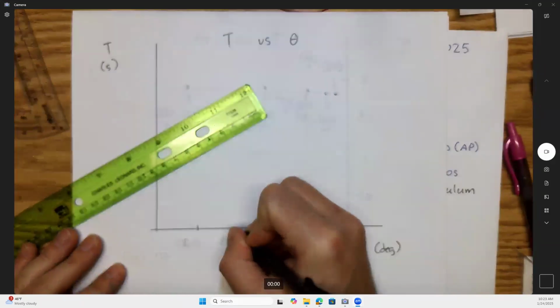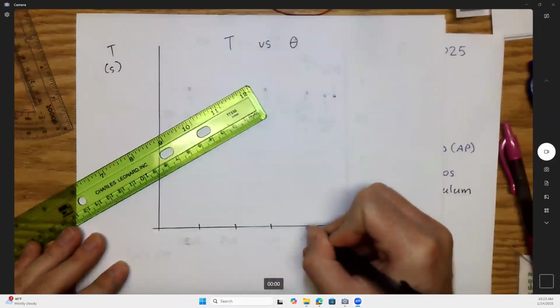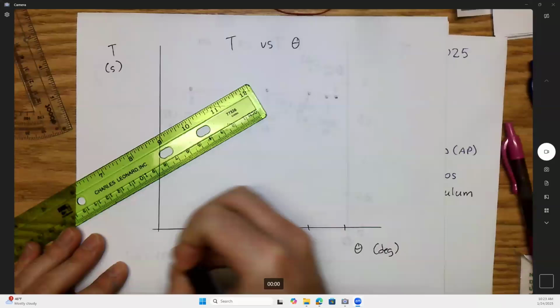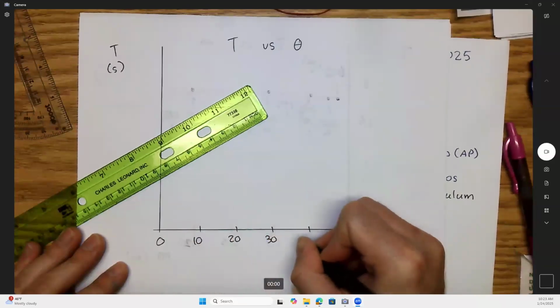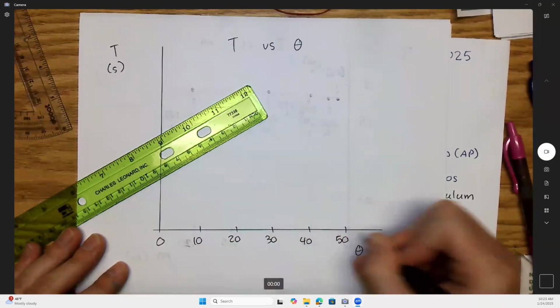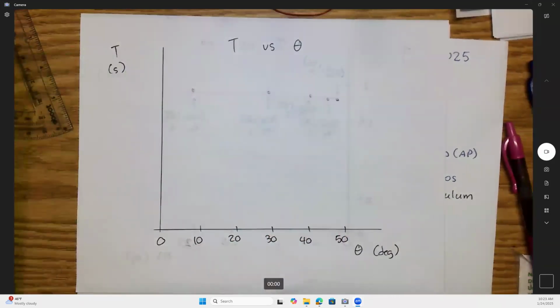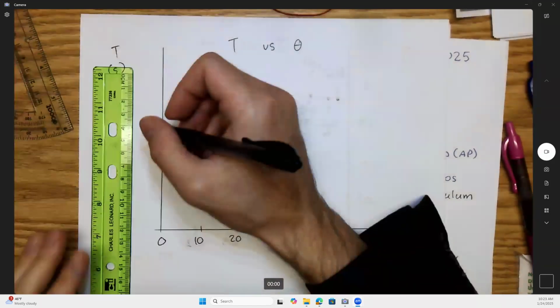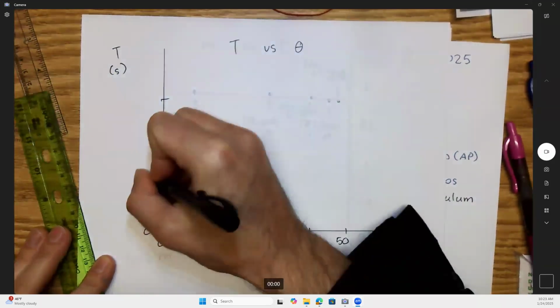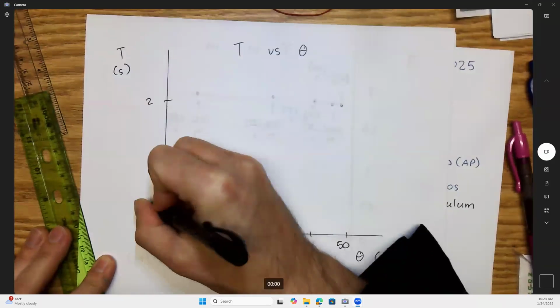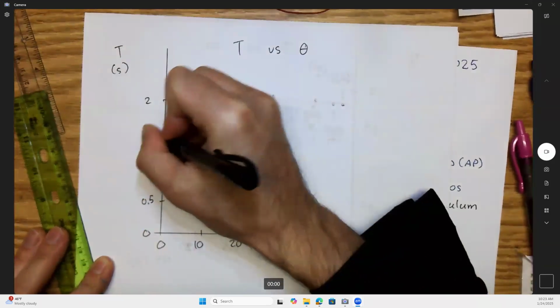Let's go 0, 10, 20, 30, 40, 50. And what was your longest time period? Longest time period was 1.85 seconds. Okay, so 0, 0.5, 1, 1.5, 2.